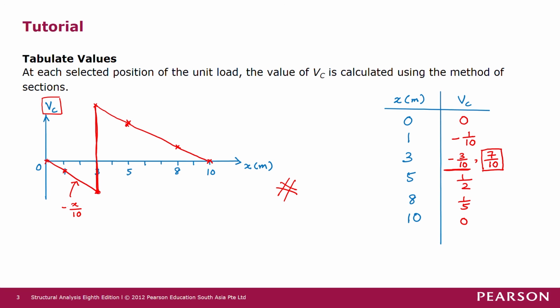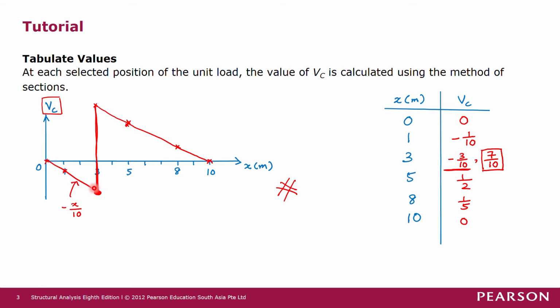This point here is at 3 meter. When x equals 3 meter, then it is minus 3 over 10, right? So we can only use this equation from 0 to 3 meter. Remember that.